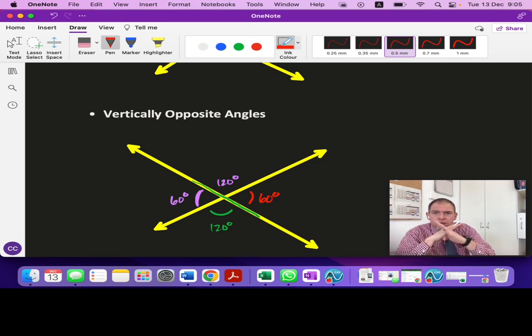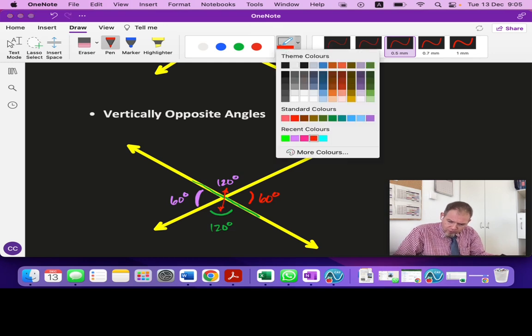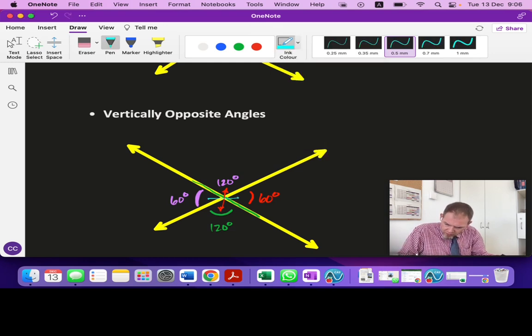If we have two lines that intersect, vertically opposite angles, the ones that are across from the intersection, will always be exactly the same. Their measures will be the same. So what this tells us is vertically opposite angles are congruent.